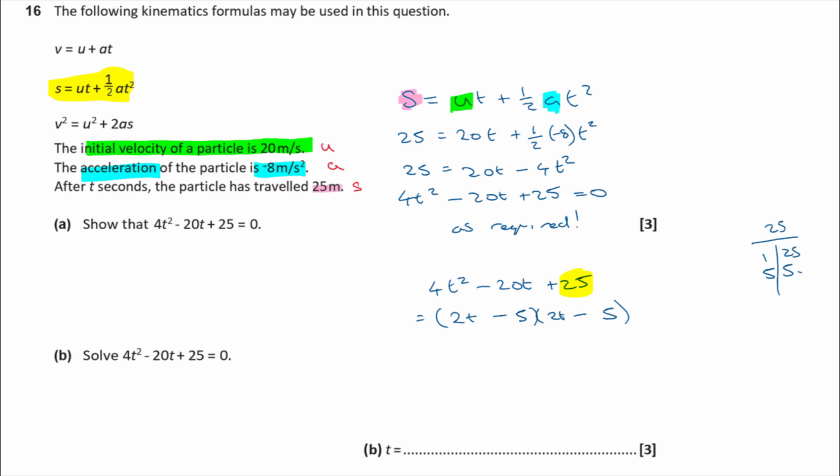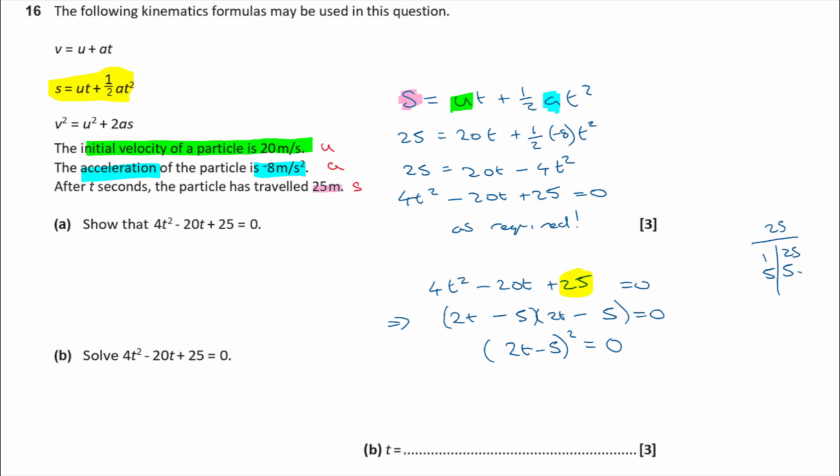So that does seem to work. I'm happy with that. So 2t minus 5 times 2t minus 5 is equal to 0, which you can see is a square. That's actually 2t minus 5 all squared equals 0.